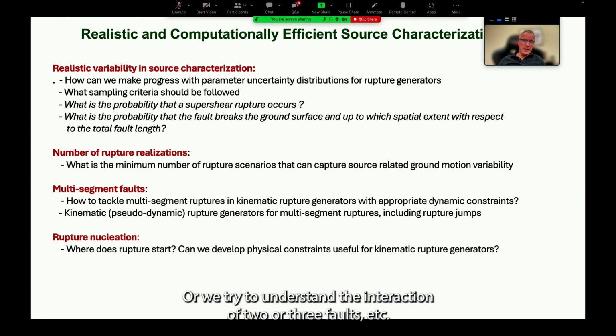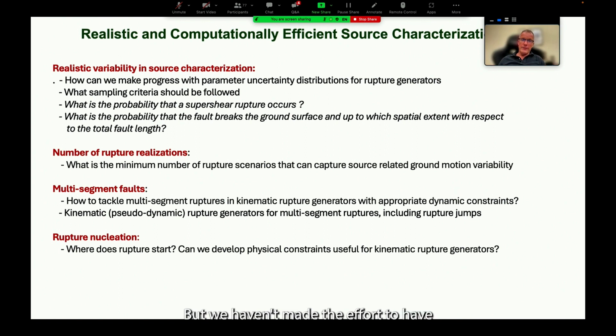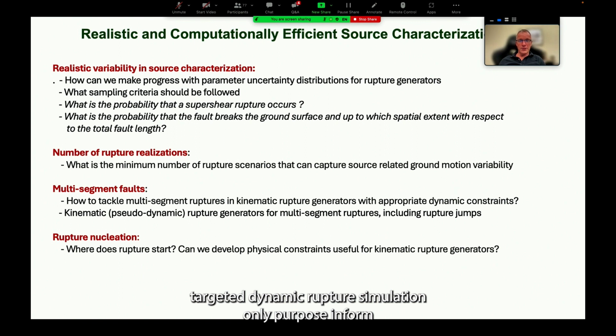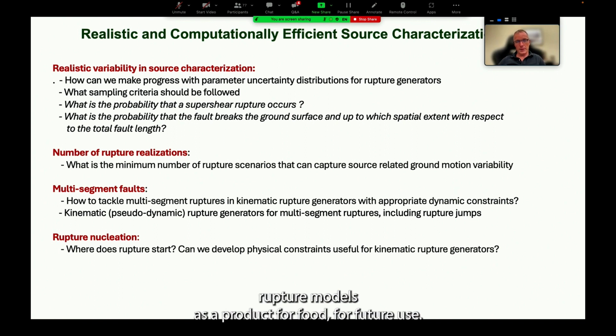Or we try to understand the interaction of 2 or 3 faults, etc. But we haven't made the effort to have targeted dynamic rupture simulations for the only purpose of informing rupture generators for the future. So that could be yet a different strand of activity where we engage and share these models and build a database of dynamic rupture models as a product for future use.